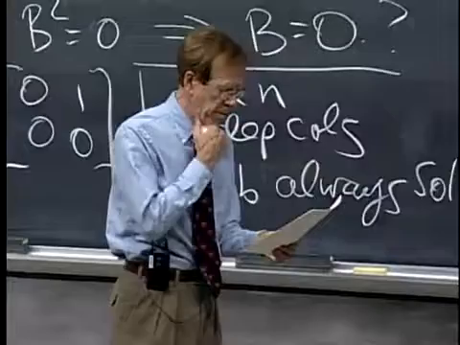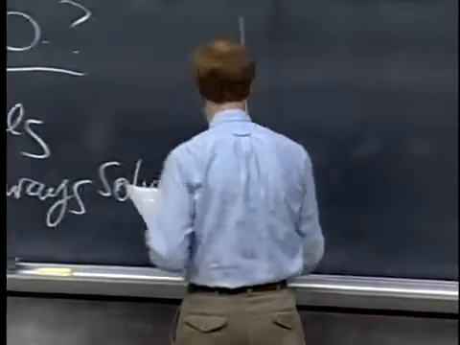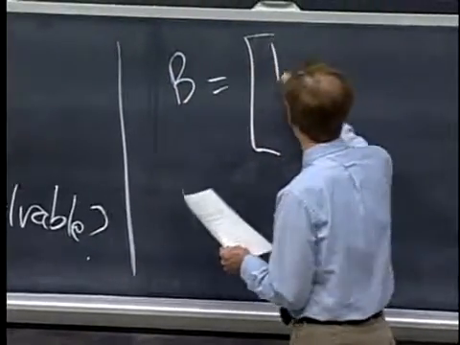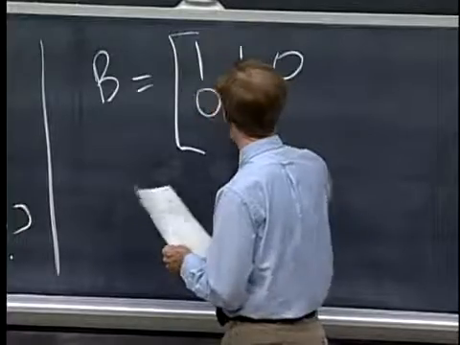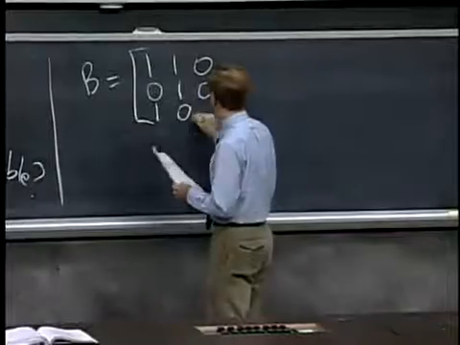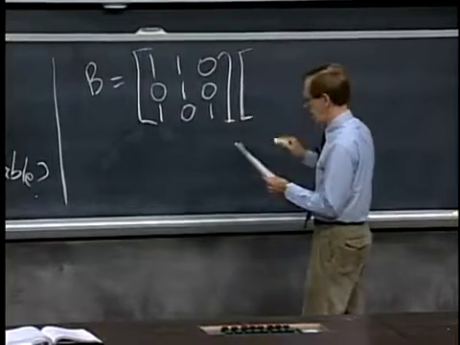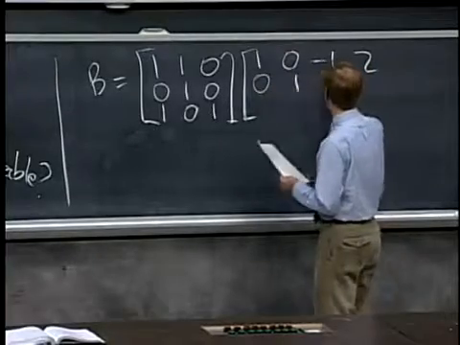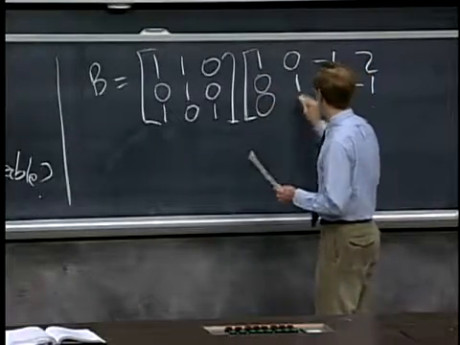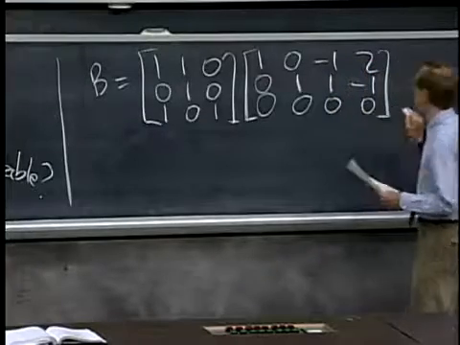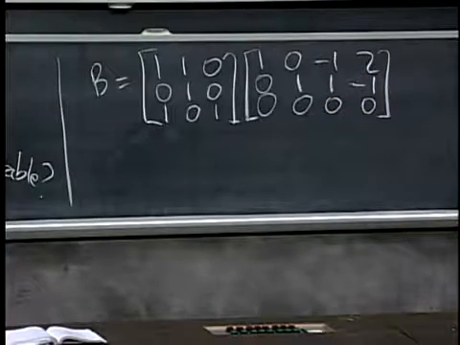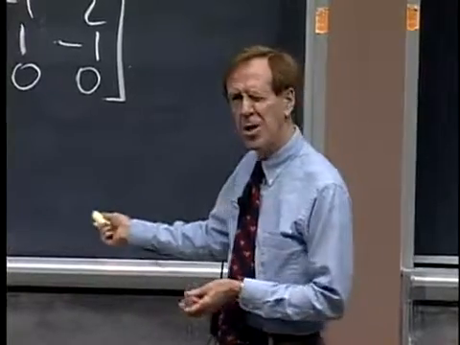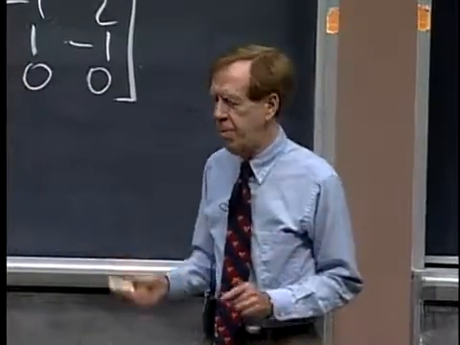I'm going to give you a matrix, but I'm going to give it to you as a product of a couple of matrices: 1, 1, 0, 0, 1, 0, 1, 0, 1, times another matrix, 1, 0, minus 1, 2, 0, 1, 1, minus 1, and all zeros. I would like to ask you questions about that matrix without doing the multiplication and finding the matrix B.